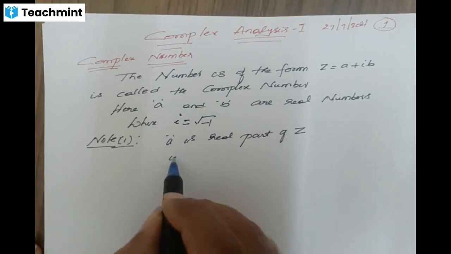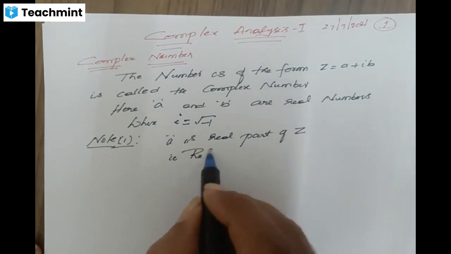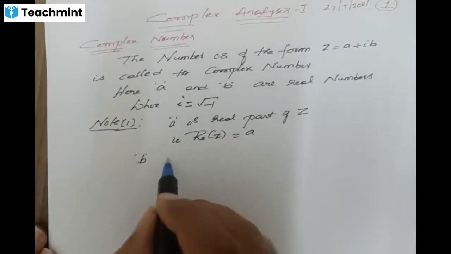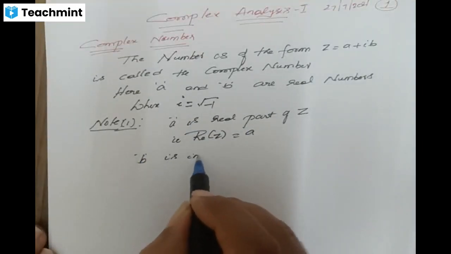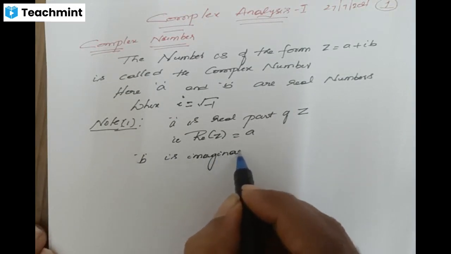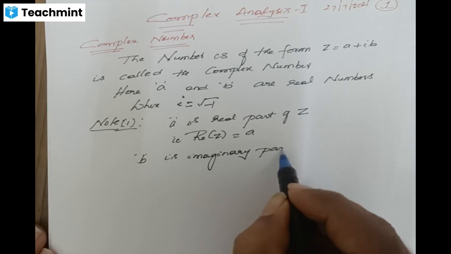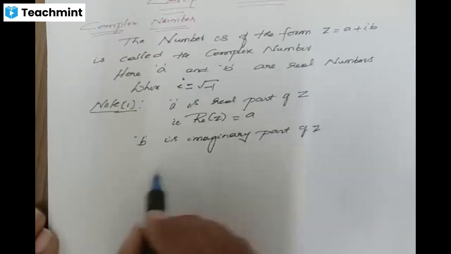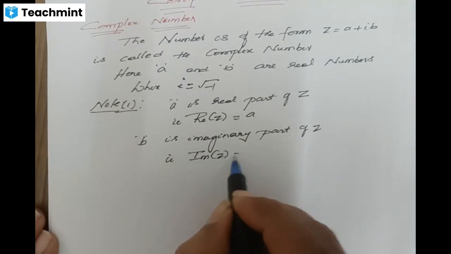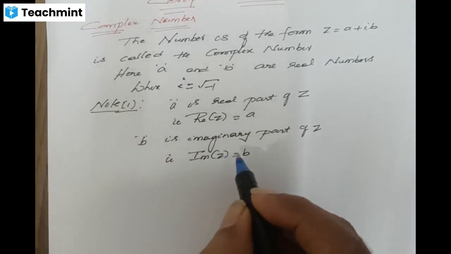In short form, real part of z is equal to a. And b is the imaginary part of z, so imaginary part of z is equal to b.